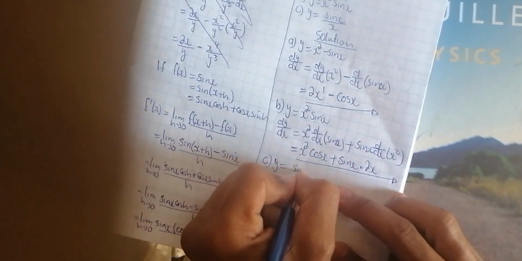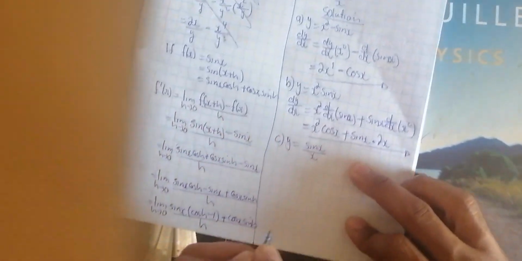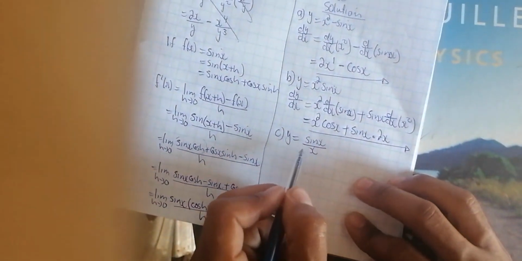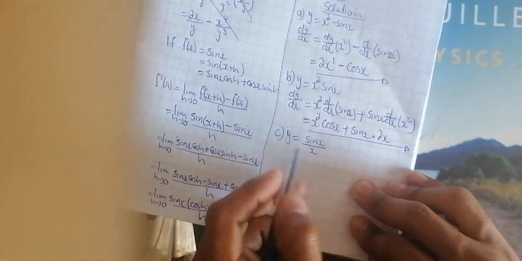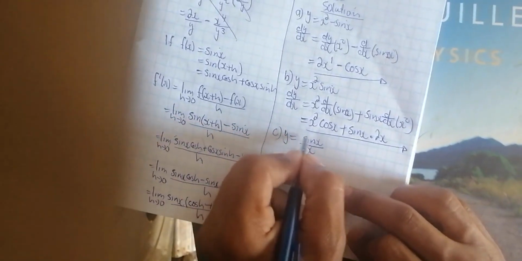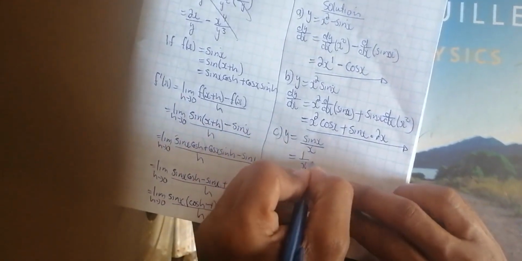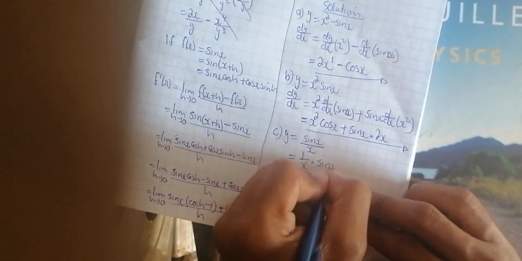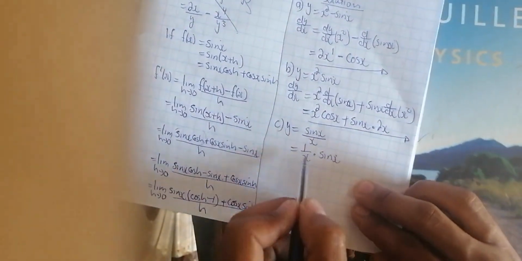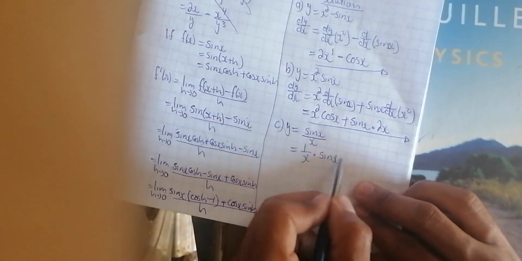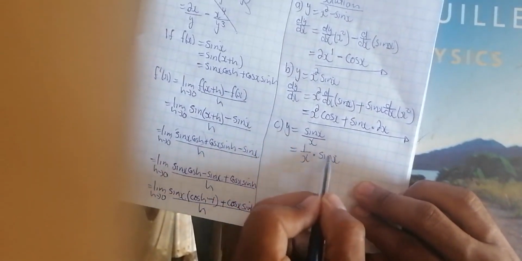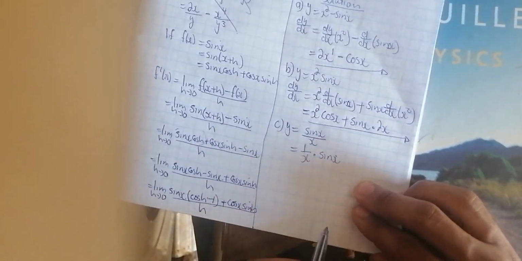y is equal to sine x divided by x. Now you have two functions here. Let's check. This can be rewritten as 1 over x times sine x. So we have two functions as well, because this times 1 is this divided by that.